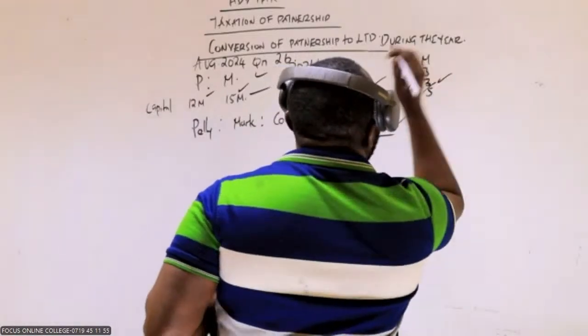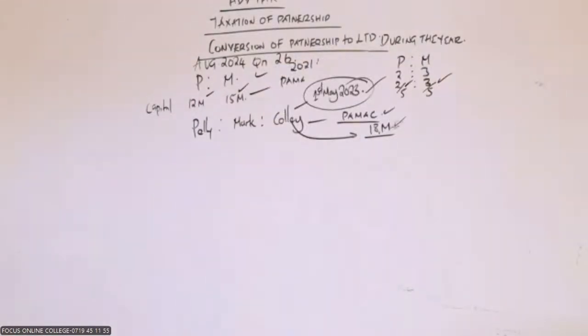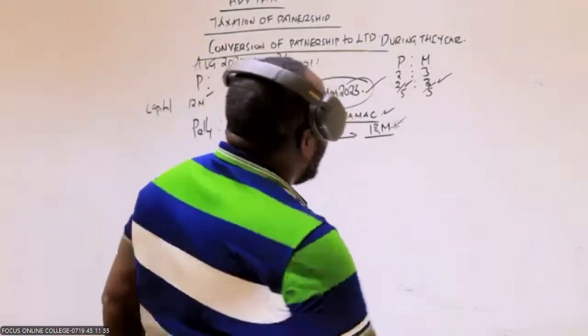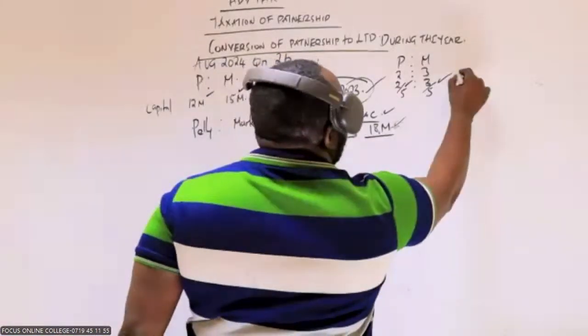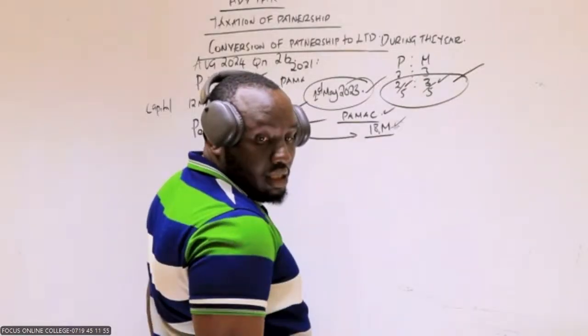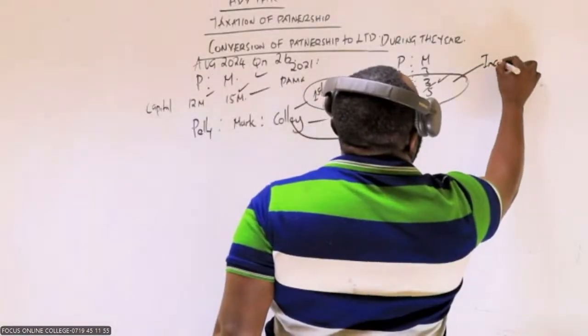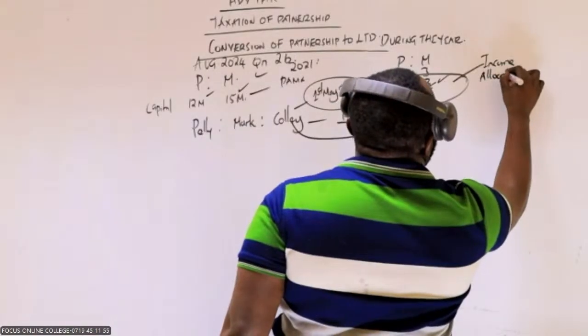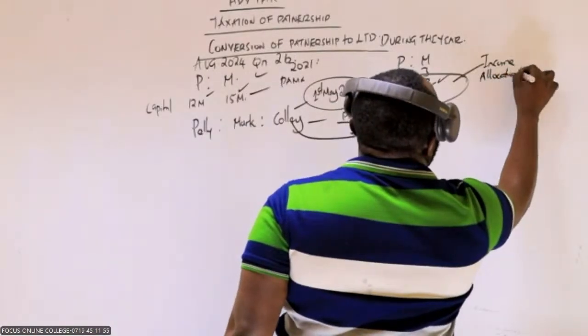Is that noted? We respond with yes. What is the essence of this? This assists us in the income allocation schedule.